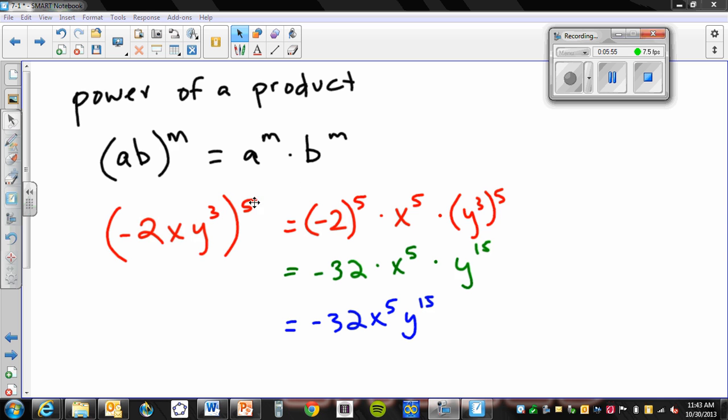We're basically distributing that 5 to all three of those. Negative 2 to the 5th is negative 32. X to the 5th is just x to the 5th. And power of a power says multiply 3 times 5, that's y to the 15th. So negative 32x to the 5th y to the 15th is our final answer.